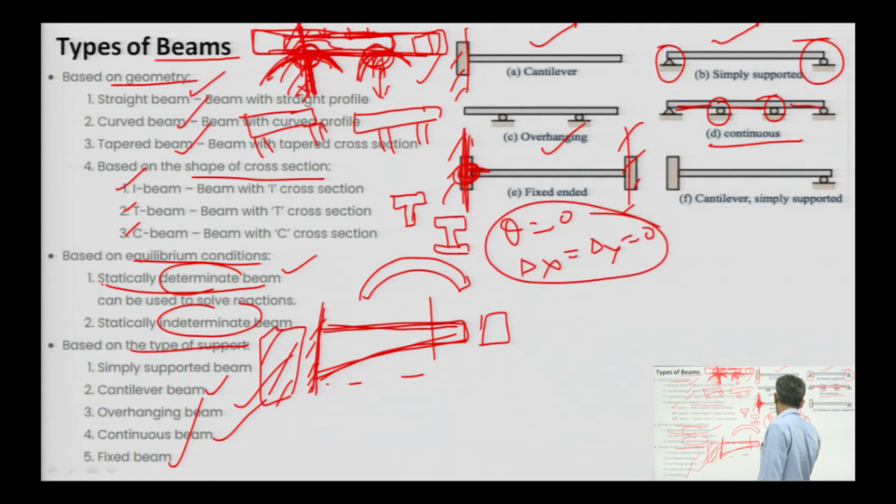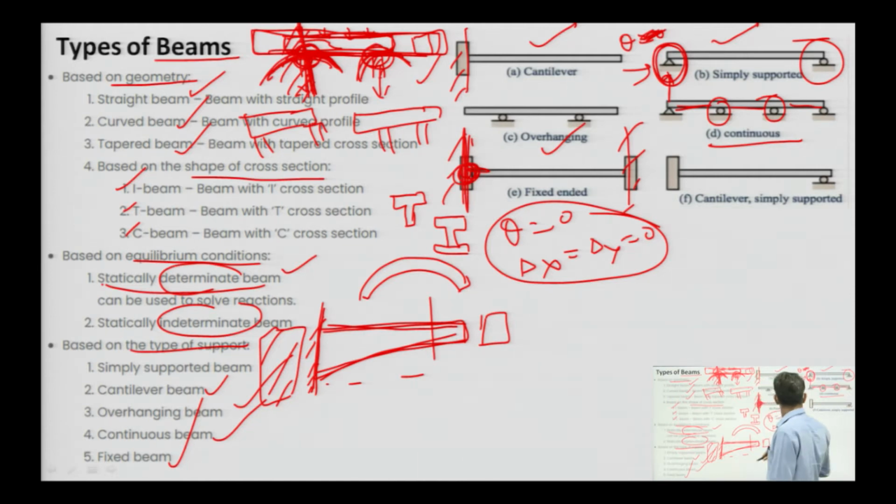So, these three things cannot be possible, total degree of freedom is 0, okay. In the case of a hinge, rotation can be possible, but in a fixed support it is not. That is why we have three unknown forces here, while here there are only two unknown forces. Moment is 0 because it is free to rotate.